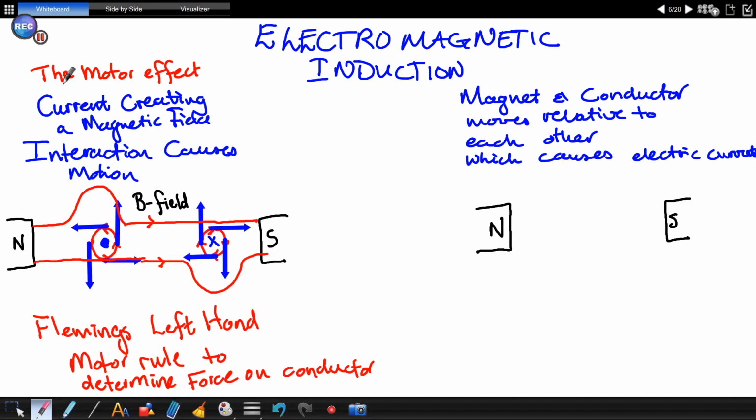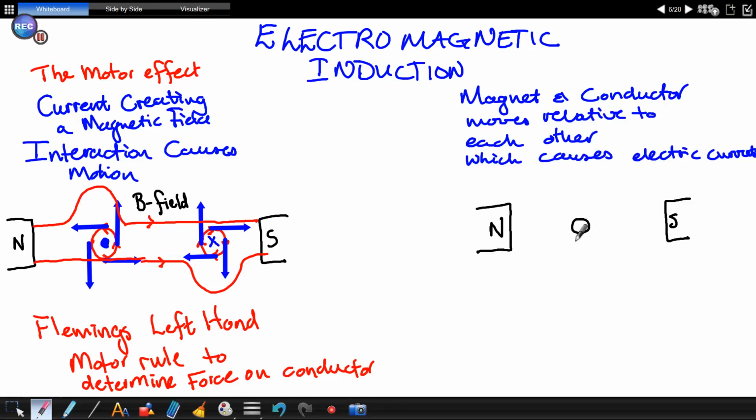So let's look at what happens when you move a conductor in a magnetic field. I'll start off with one. You know this represents a loop. Are you alright with that? Let's move one conductor in the magnetic field. Wait with your copying. I'll give you a chance to copy.